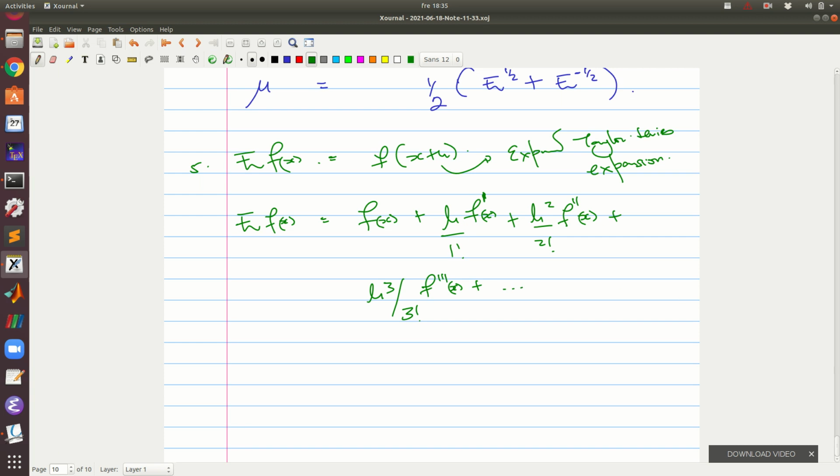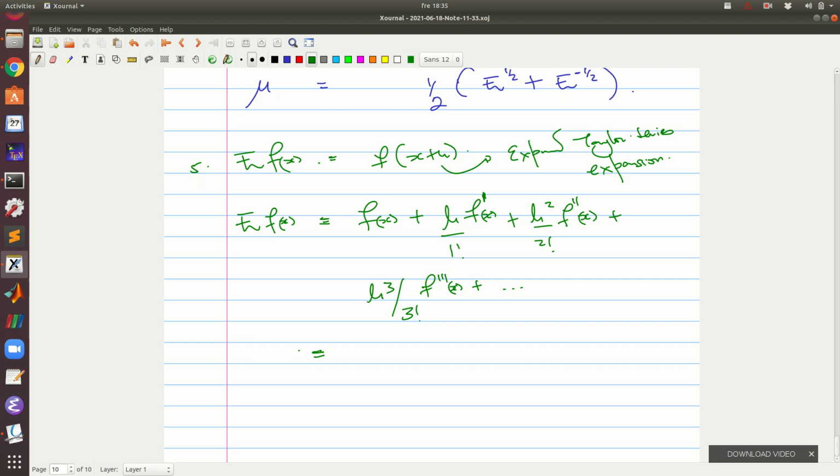I am writing this on the assumption that we know how to get these Taylor series expansions. These were taught in high school. If you're not sure, you can just Google Taylor series expansion and then you'll see a simple result.